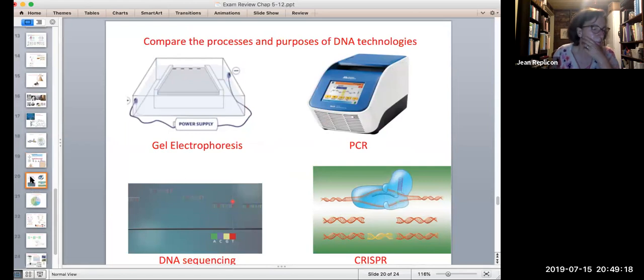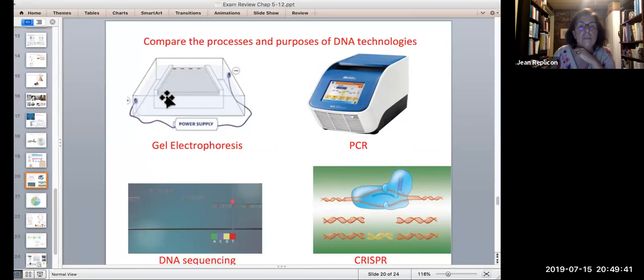Okay, so I wanted to talk about DNA technologies and compare some of these very important processes. This is a big one, gel electrophoresis, because that was the first way we were able to separate DNA fragments. DNA can be cut, as you know, with restriction enzymes, and then the pieces can be drawn apart.